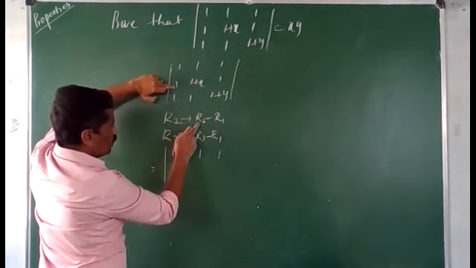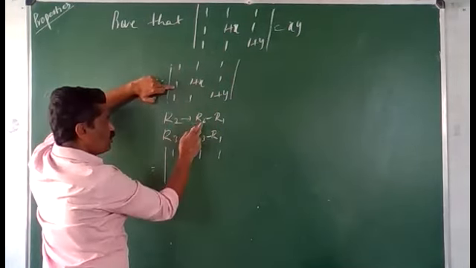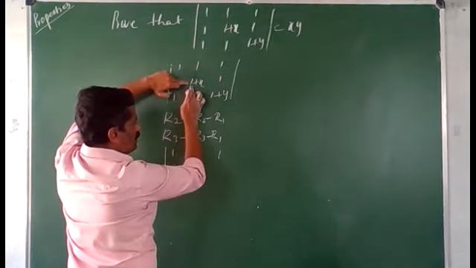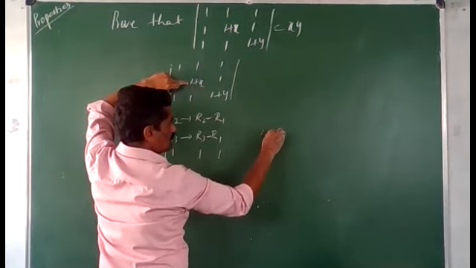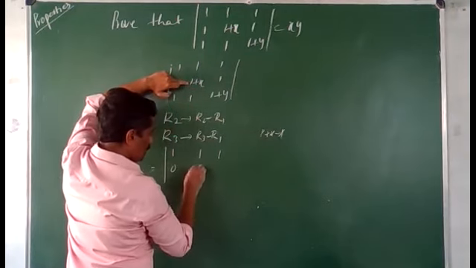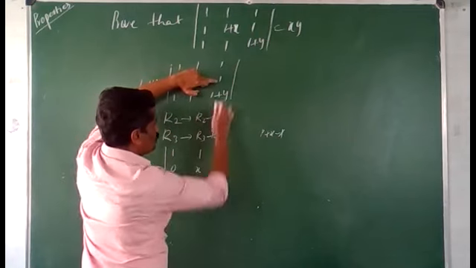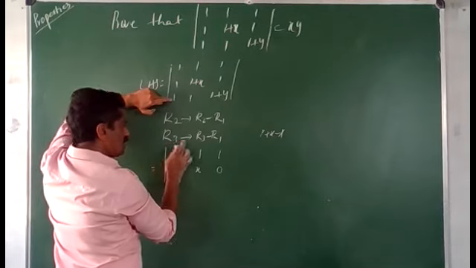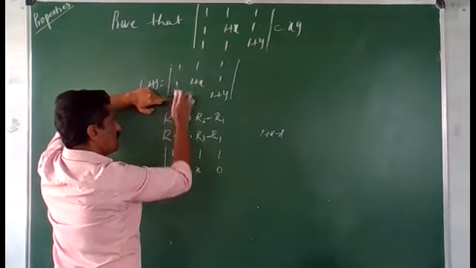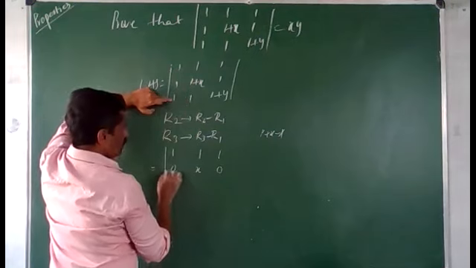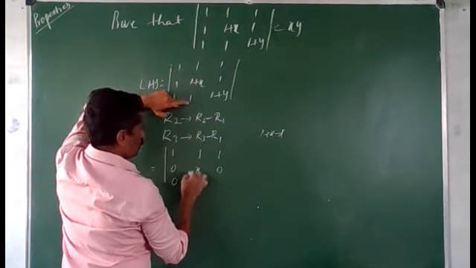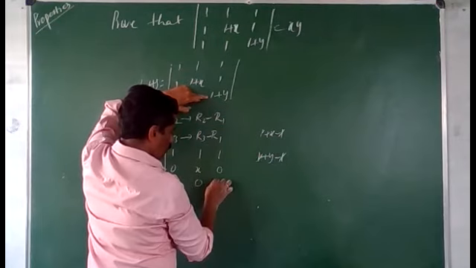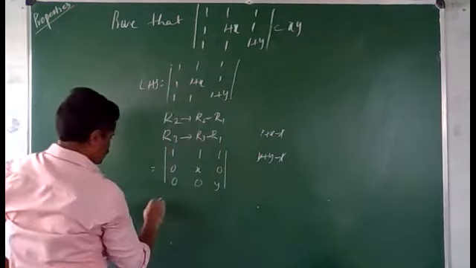For row 2 minus row 1: 1 minus 1 is 0. Then 1 plus x minus 1, the 1 cancels, and the remaining value is x. Again 1 minus 1 is 0. For row 3 minus row 1: 1 minus 1 is 0, 1 minus 1 is 0, and then 1 plus y minus 1, the 1 cancels, leaving y.